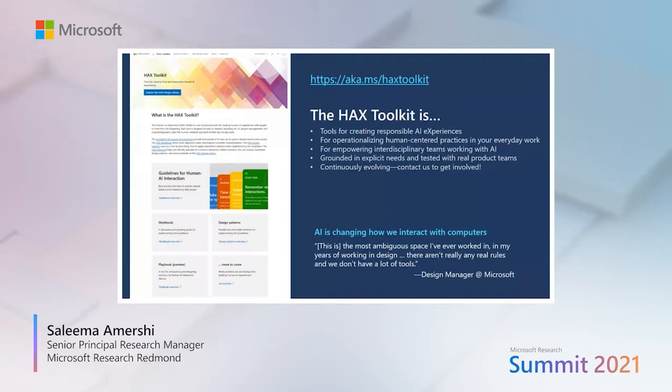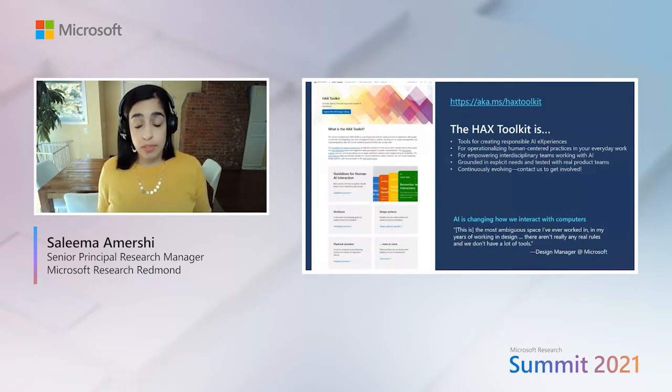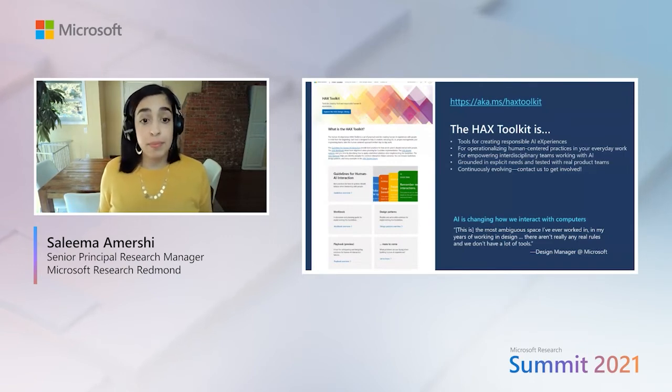And we do this by creating tools for really empowering interdisciplinary teams working to build AI. And that includes teams involving model builders, engineers, designers, user researchers, and PMs. And each of the tools in the toolkit is grounded in explicit needs that we've discovered through our engagement with product teams and has been tested with real product developers and engineering teams.